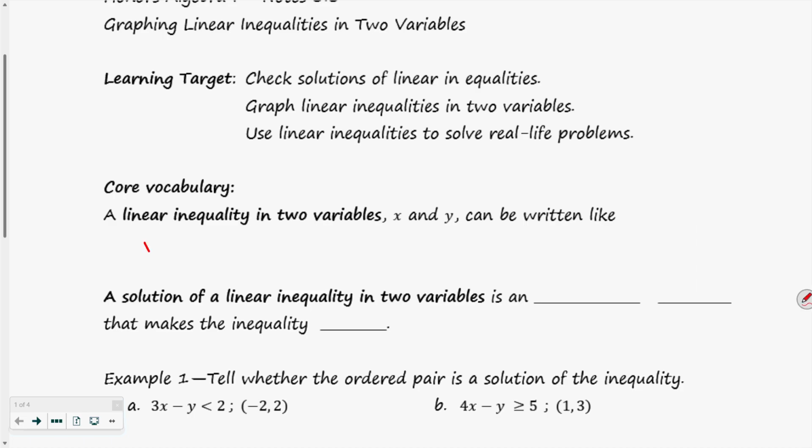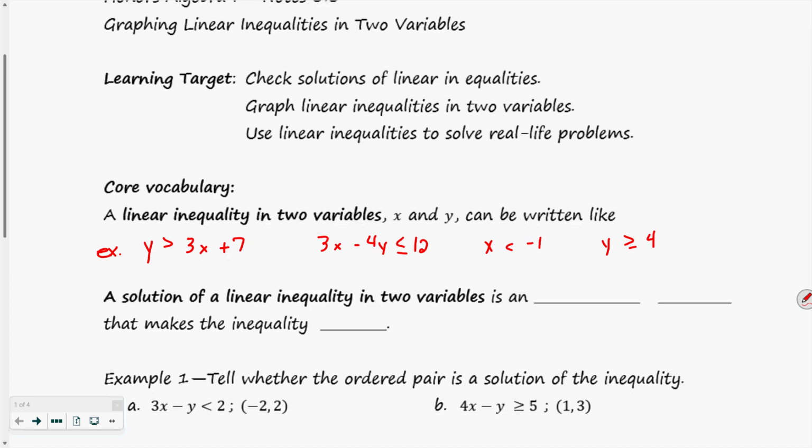We might have y is greater than 3x plus 7, or 3x minus 4y is less than or equal to 12, or x is less than -1, or y is greater than or equal to 4. Those are just some examples of linear inequalities.